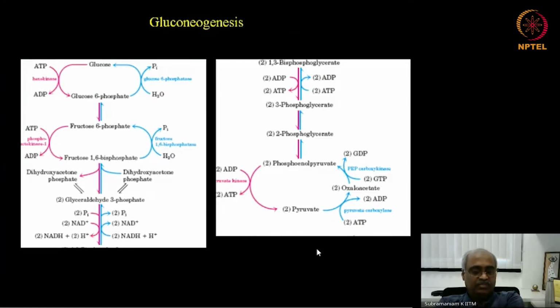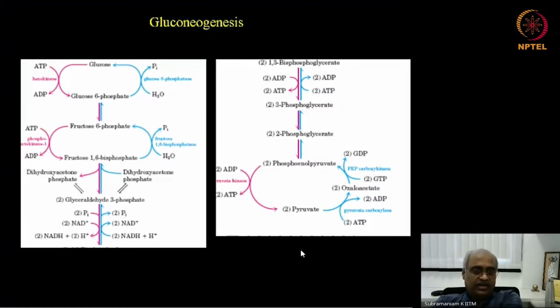One brief point I want to make is that glycolysis and gluconeogenesis, in a multicellular organism like humans, are regulated by hormones as well. For example, epinephrine, which is produced by the adrenal gland, and glucagon and insulin produced by the pancreas. They play a major role in regulating these enzymes.